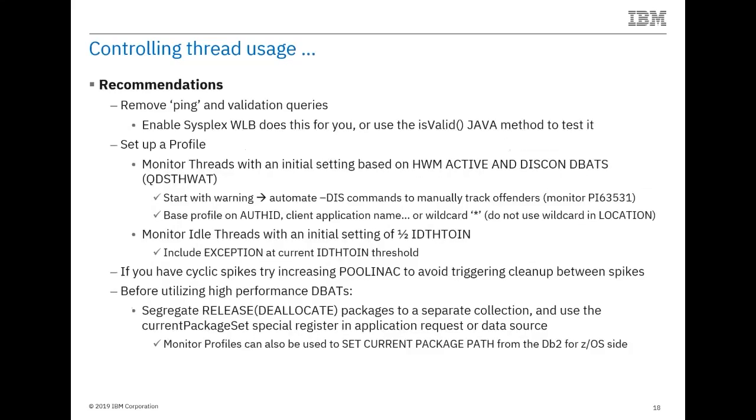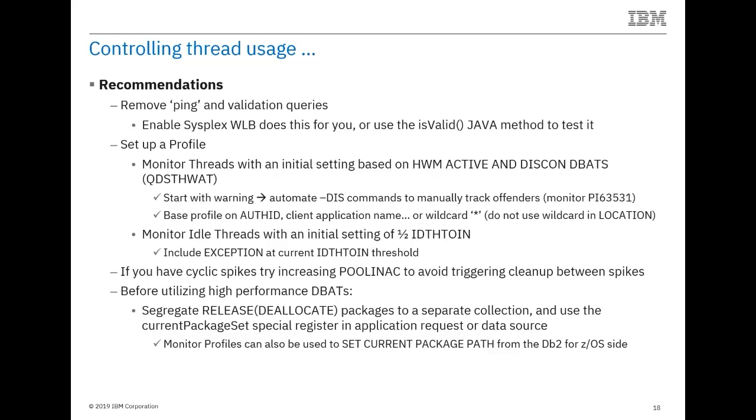So the recommendation: remove the pinging or validation queries, period. Set up a monitor profile with a warning, just to understand what normal is, what a baseline is, and you can then figure out which auth IDs or which transactions use how many threads concurrently, because you can't tell that through accounting records or stats or anything else.